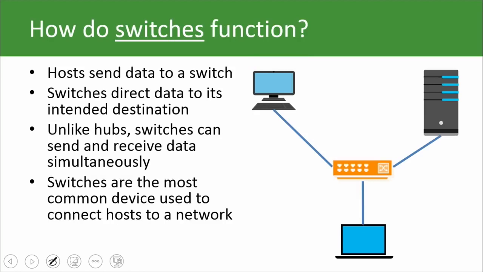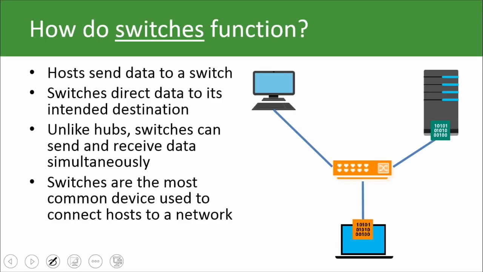And unlike hubs, switches send and receive data simultaneously, and they also send it directly to its intended destination. So take a look at this example here on the right. Okay, so you've got data being sent simultaneously, not even necessarily between two different devices, but amongst different devices entirely, and they go specifically to their intended target.